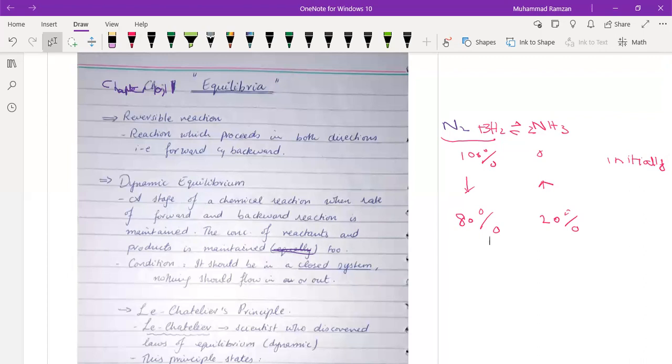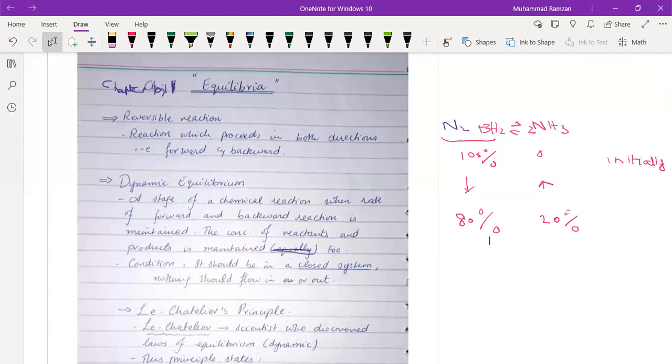For example, this is a system consisting of N2, H2, and NH3. If your purpose is to produce NH3 in your plant, in your industry, it means 80% of your reactant remains unchanged. You can't throw it away or remove it because it will cause great loss.